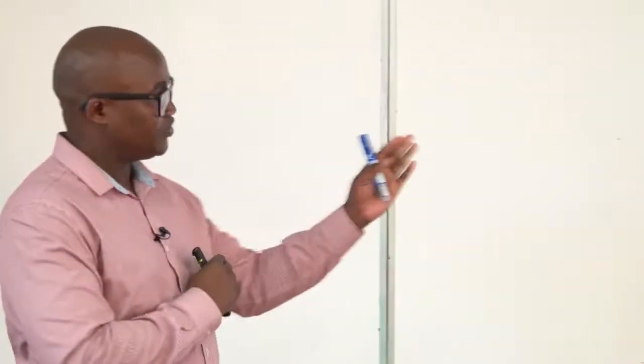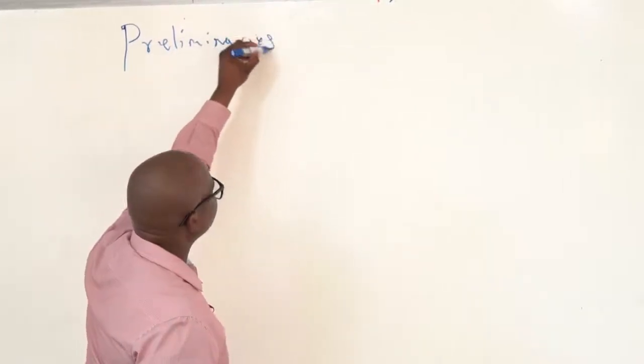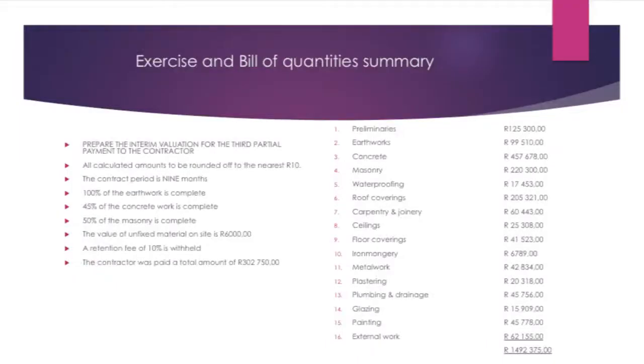Allow me to share this exercise with you. We will have to refer to what is on the slide, because this is what will actually lead us the way. We will start with the preliminaries. Our preliminaries are at the amount of 125,300.